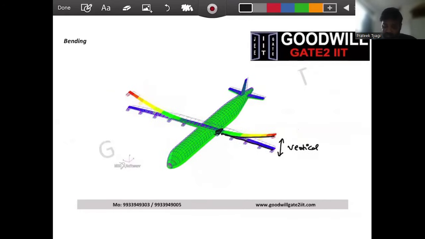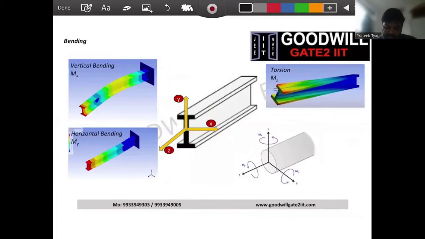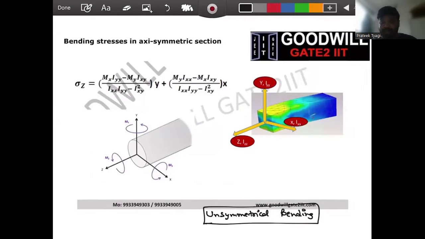So the best example of symmetrical bending is this. This is symmetrical in vertical plane. This is symmetrical in horizontal plane. And if you go in some other plane, it is known as unsymmetrical bending.